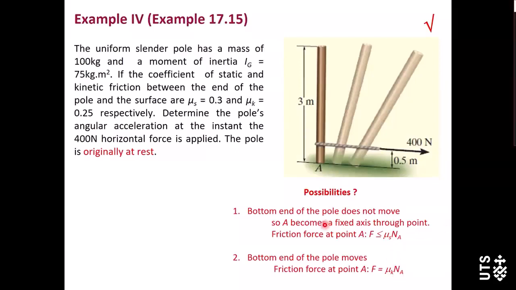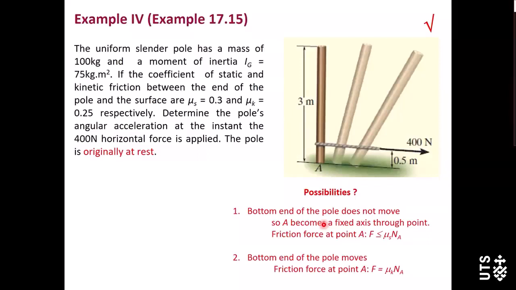Okay, this problem is not a rolling problem. But because of the existence of these two possibilities, the methodology of solving this problem will be the same as that for a frictional rolling problem we introduced in previous slides.